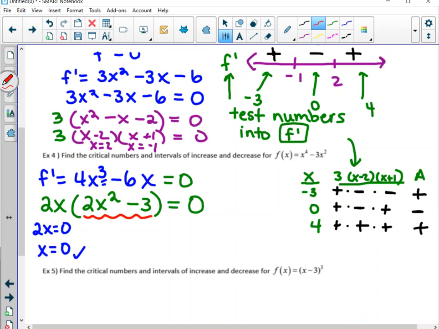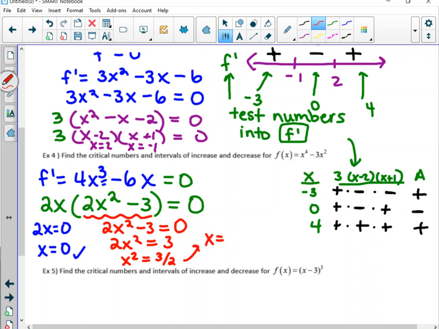How are we going to solve that? Okay, so 2x squared minus 3 equals 0. Now what? Okay, so 2x squared equals 3. So x squared equals 3 over 2.